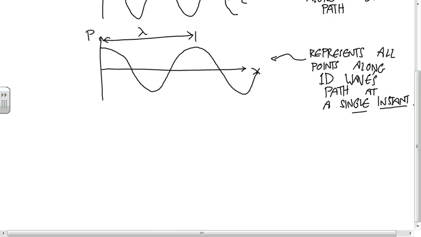So in talking about how waves combine, let's think about a single point along the wave's path and how it changes in time, okay?